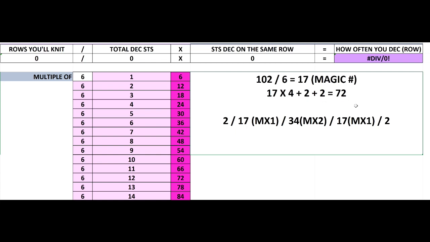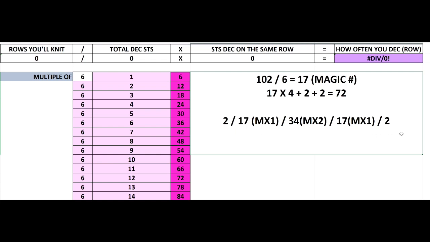My cast on number will be 72. The reason why I have to do this: I have to get rid of the front piece, but I need at least 2 stitches to start with for both sides of the front piece. You know what I'm saying? That's why I get rid of the front piece completely, which is 34, same as the back.